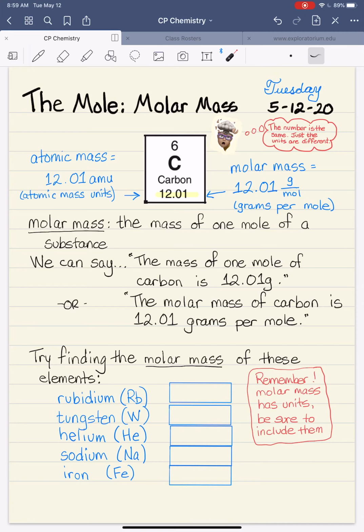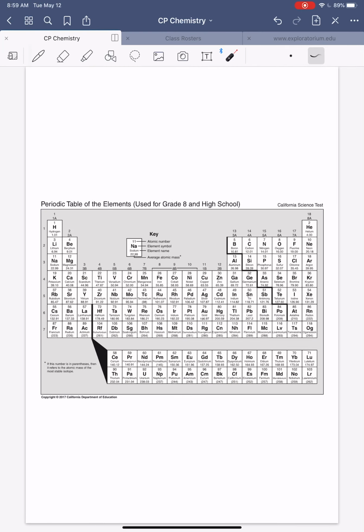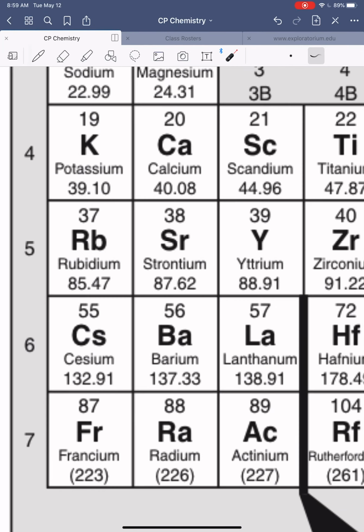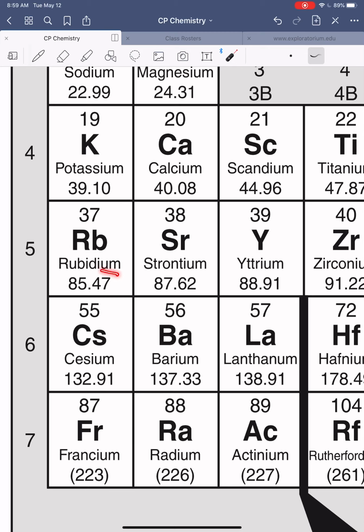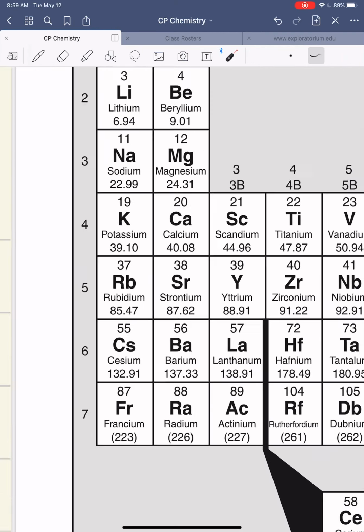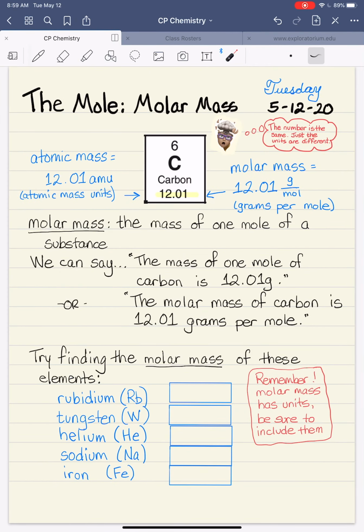All right, our first example is rubidium. Okay, so let's go to our periodic table. And look, here's rubidium. Its molar mass is 85.47 grams per mole. So we'll put that in here.